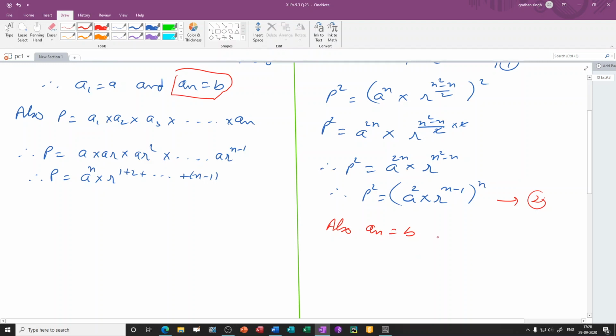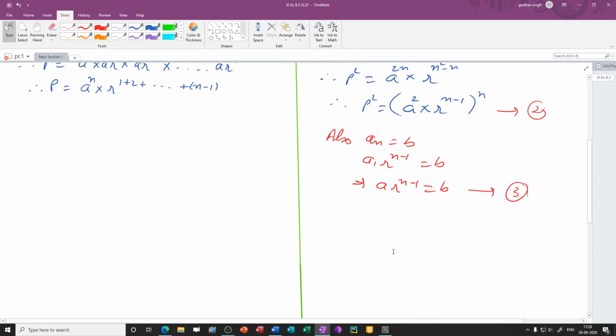So an equal to b, and that can be written as a1 r raised to n minus 1 equal to b. What is our a1? It is a, so a into r raised to n minus 1 equal to b. Now let this be question number 3. So we can put the value of a into r raised to n minus 1 equal to b in equation number 2, that is putting 3 into 2. But before that, we can break this a square as a into a.